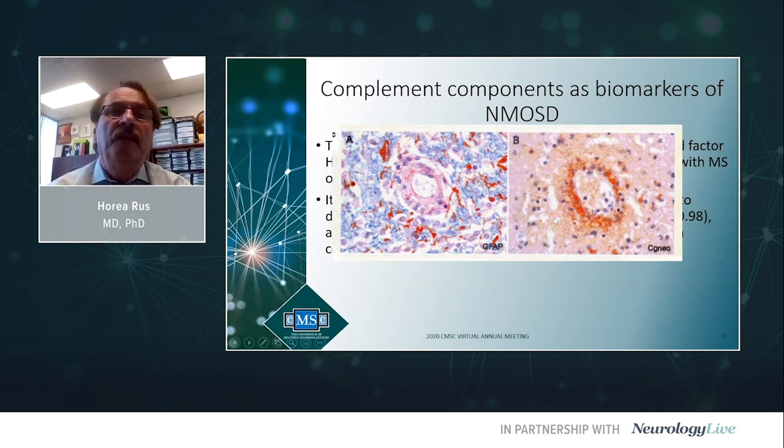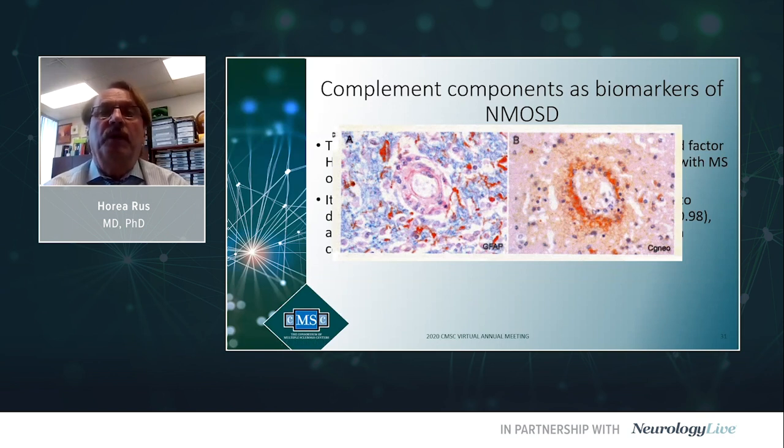And on this side, it's a staining of the same area with glial fibrillary acidic protein, which is a marker for astrocytes, and it showed that there is already damage done to the astrocytes' podocytes, which are not in contact with the basement membrane anymore.